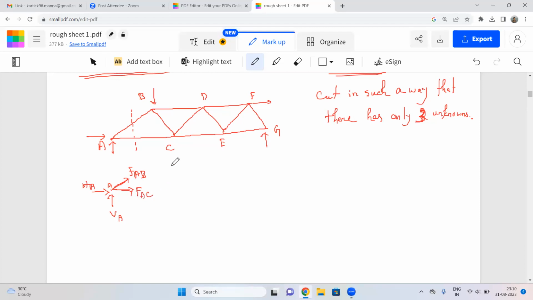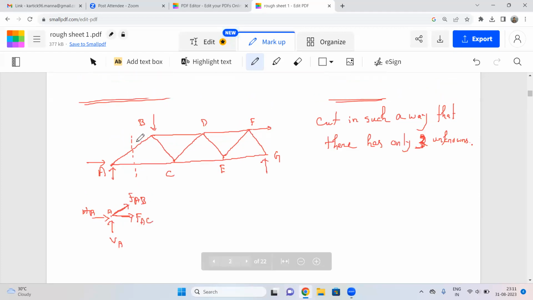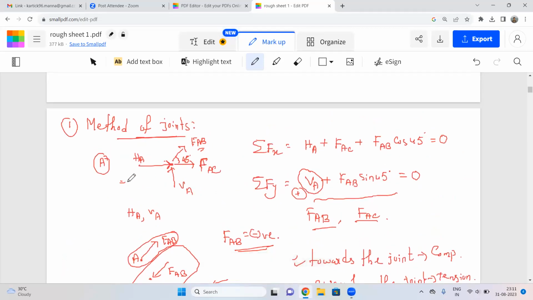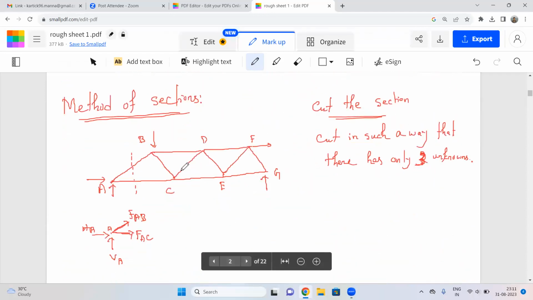So you can check this diagram is completely same with our joint A for method of joint. In method of joint, we got exactly this similar FBD.